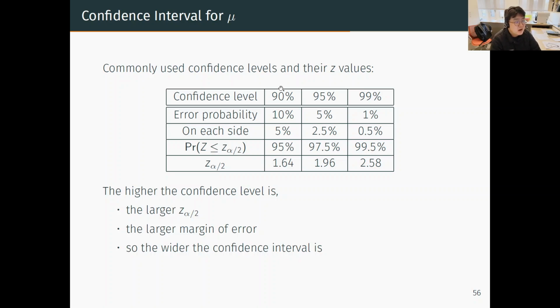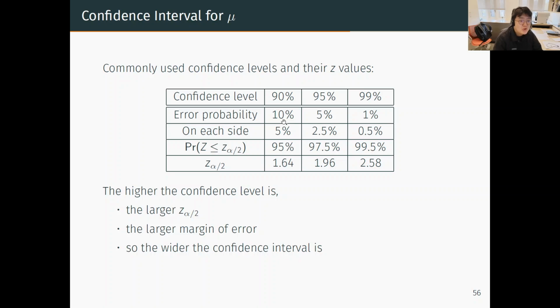So I said the common choices are confidence levels of 90%, 95%, 99%. Right? Usually you are going to use one of them. And then the error probabilities are 10%, 5%, or 1%. Okay?